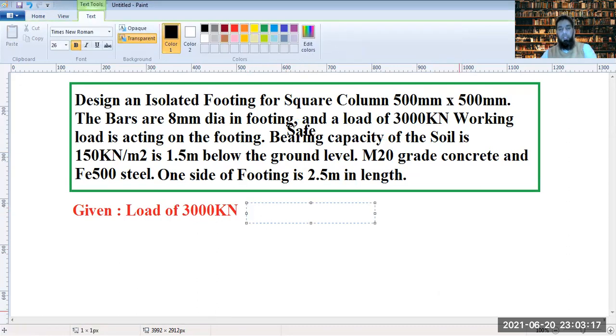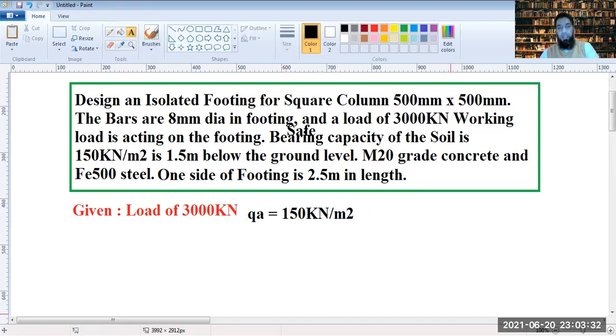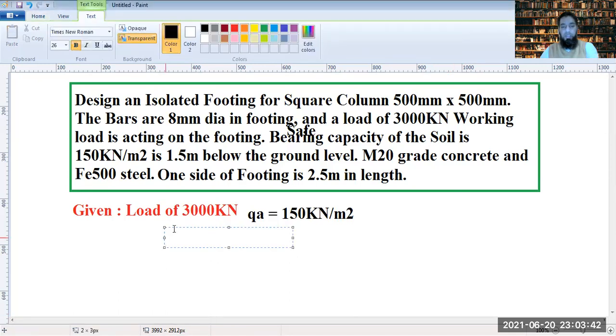So once we say safe bearing capacity, that means the QA value is 150 kilonewton per meter square. This is the value of QA, and this is at depth h of 1.5. And now if P is 3000, what's delta P?